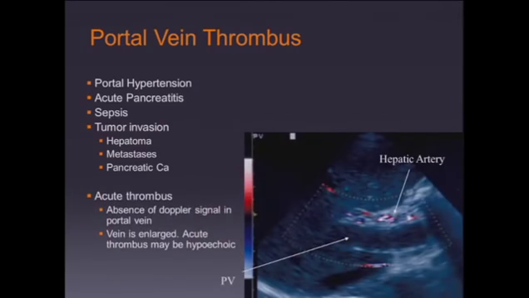Acute thrombus is usually hypoechoic and may be indistinguishable from flowing blood. The portal vein is dilated, and here is a case of acute thrombus of the portal vein. The vein itself has very few internal echoes, but the vein is shown to be thrombosed by the absence of color flow. The hepatic artery is the vessel running anterior to the thrombosed portal vein.